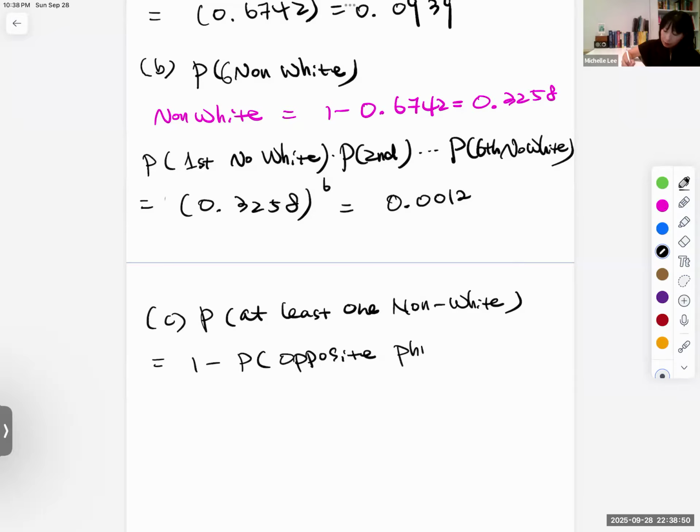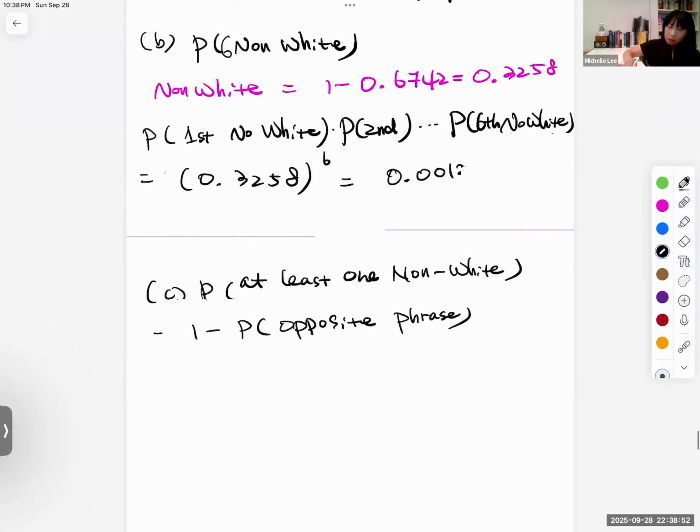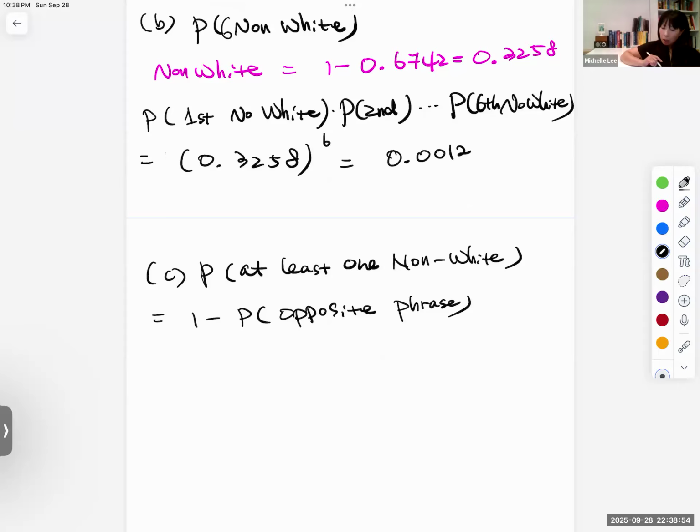At least one means one or more until six non-white.